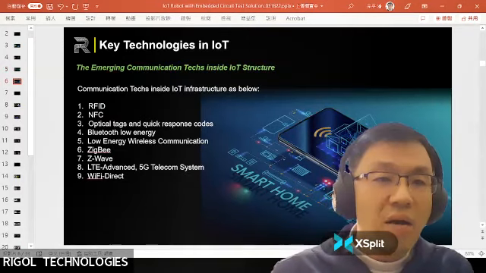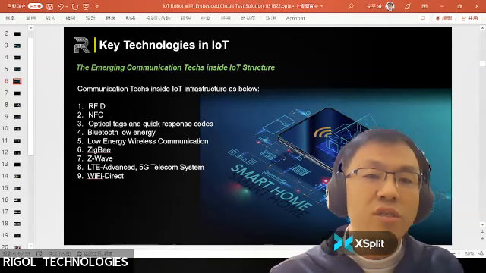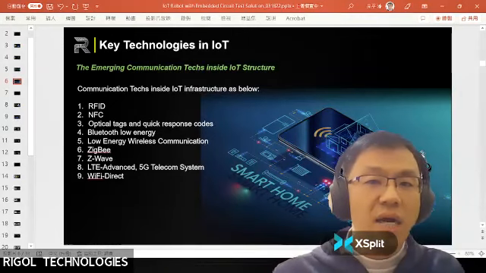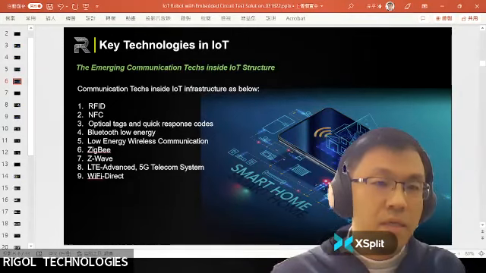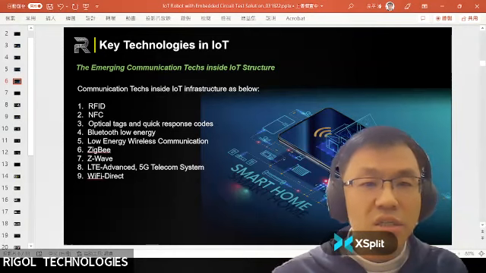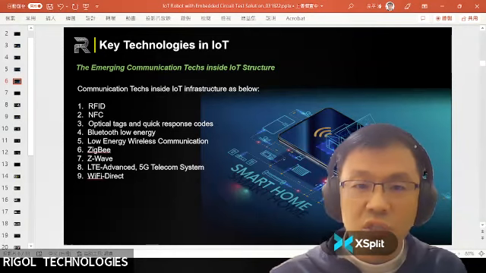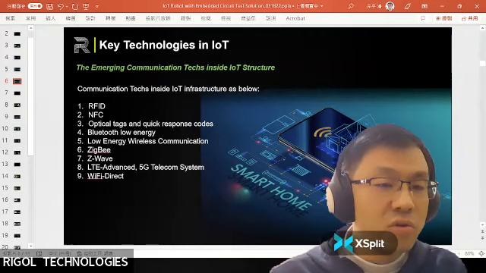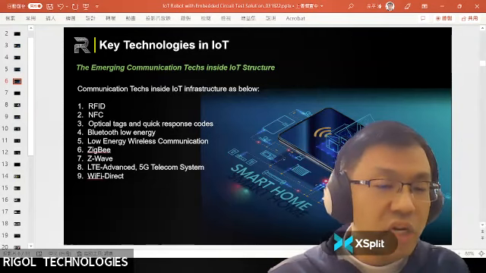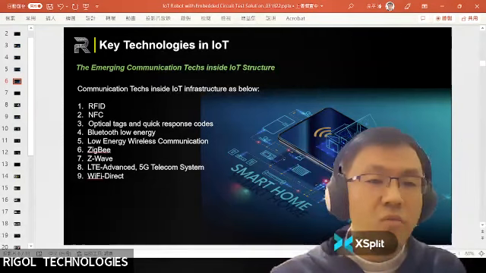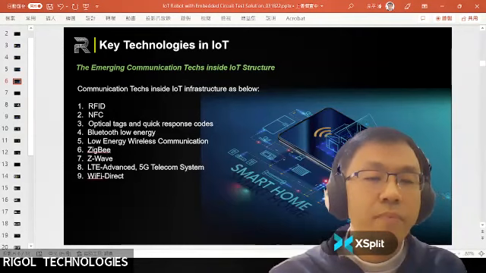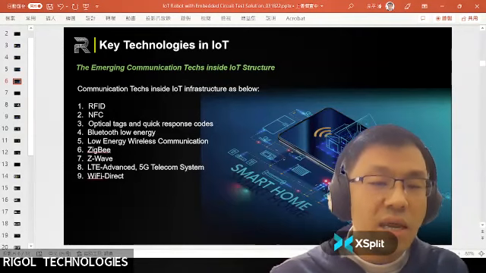And IoT is an emergent communication technology inside these structures. So for the communication technologies inside the IoT infrastructure, we can refer to several key features. The first one, RFID or NFC, that is near field communication.